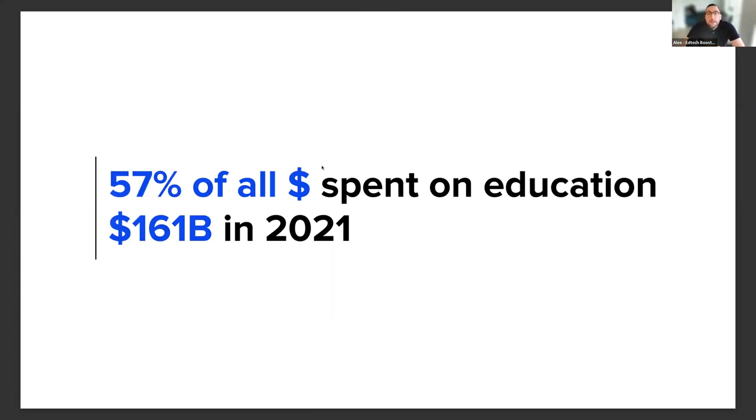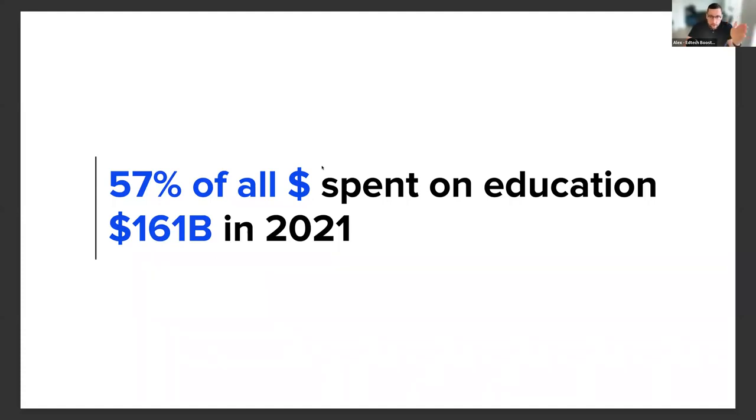57% of all money spent worldwide is spent here in the US. I realized it in October 2021 when I was in a Stanford course, and I saw an IRS report. In the US, you can look at IRS reports. IRS stands for Internal Revenue Service. It's about taxes, and you can see where people are spending their money.